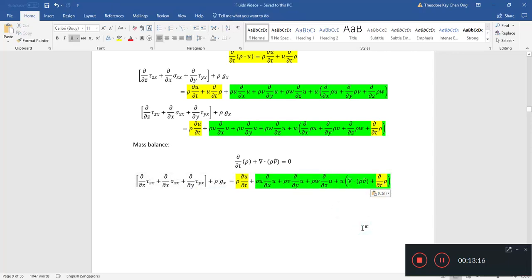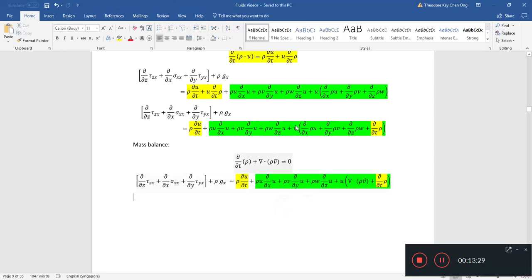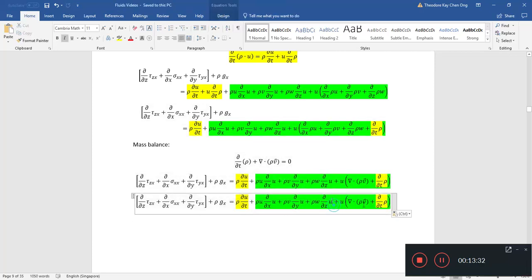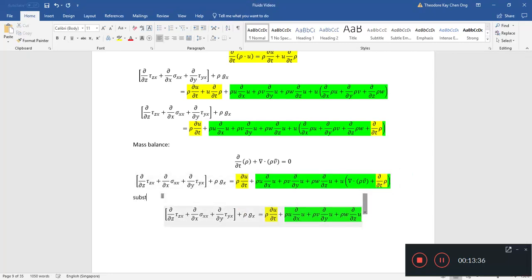Okay. And now look at what this is. Ah, yes. Beautiful math, it turns out to be 0. So this term can be completely cancelled. That's a beautiful thing here. So we can just delete this off. Substituting mass balance into the momentum balance, we will get this equation.